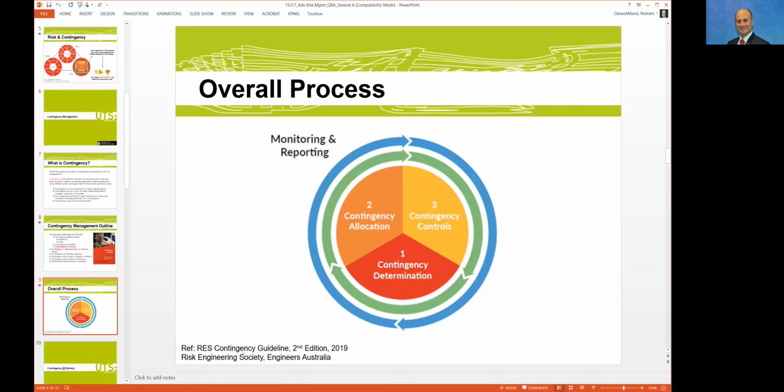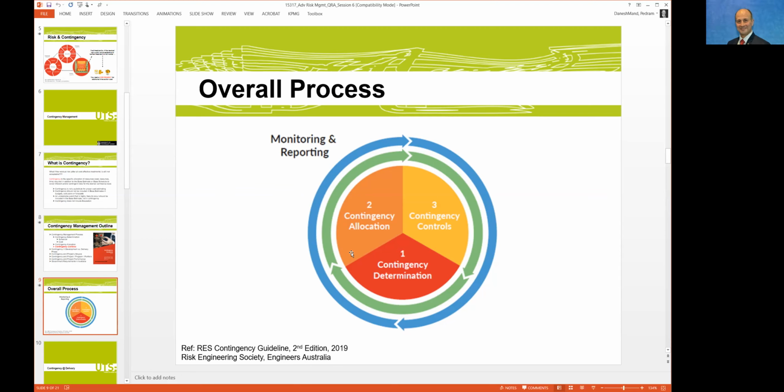The guideline puts the process in terms of contingency into three portions. One is the determination, in other words, how much contingency is enough and optimum. Two is contingency allocation, which is where and who owns it, in terms of where you put that money, and it might be vertical or horizontal. If you haven't watched that video, we also have a session on allocation.